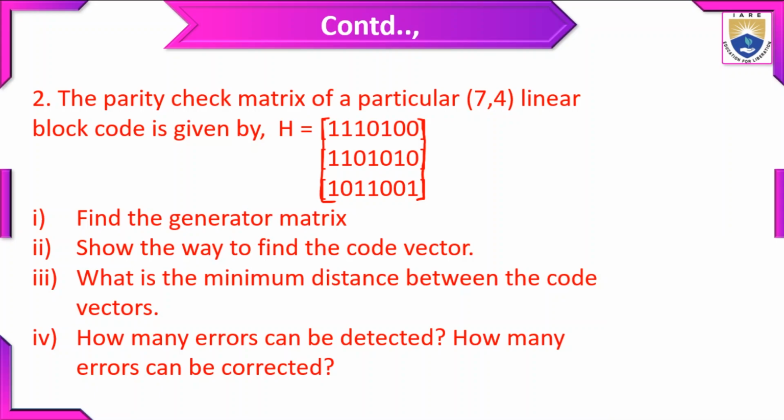In a code we call them code vectors or code elements, and a single digit you can call an element. How many non-zero elements are there? That is called the weight, and that is the minimum weight. By using the parity check matrix, we are going to generate the code.